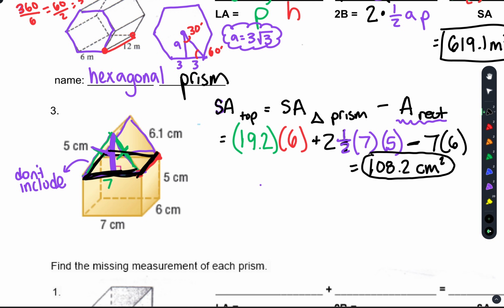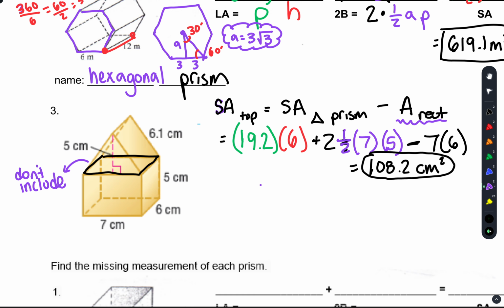And now for the other part of my composite figure, I have a rectangular prism. And for this rectangular prism, let me erase all of my crazy markings here. For my rectangular prism, the part that I'm not including in my calculation is this top base.